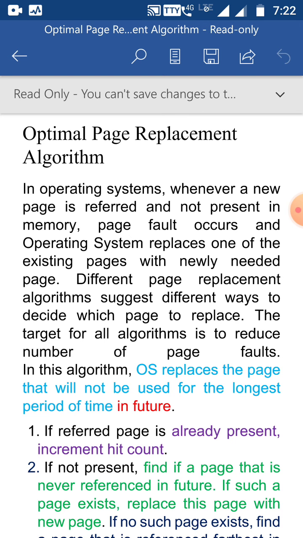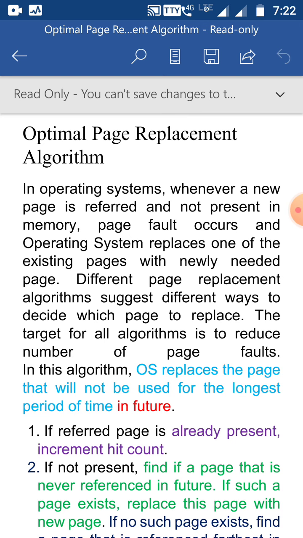Otherwise, if there is any page fault, one residing page must be replaced with the demanded page. So, according to the principle of the optimal page replacement algorithm, the entire reference string is going to be scanned, because in the optimal page replacement algorithm, the OS replaces the page that will not be used for the longest period of time in future.